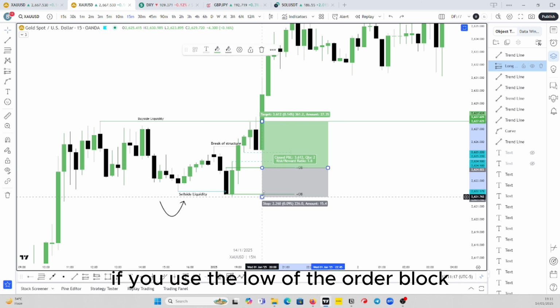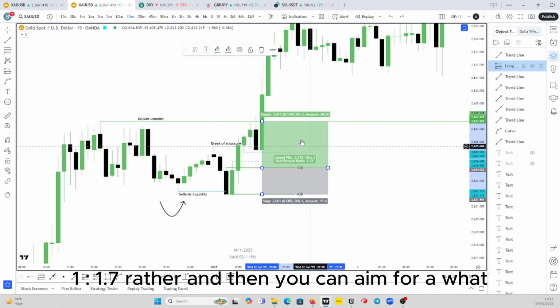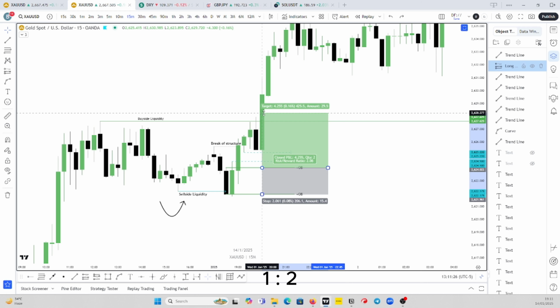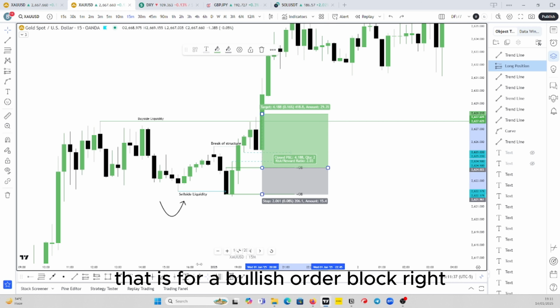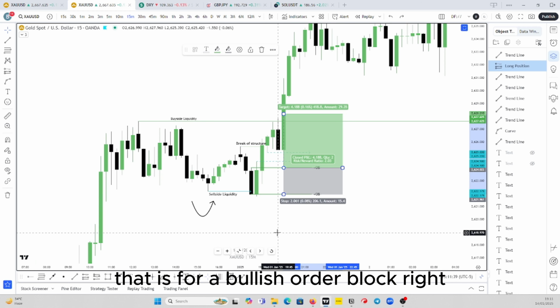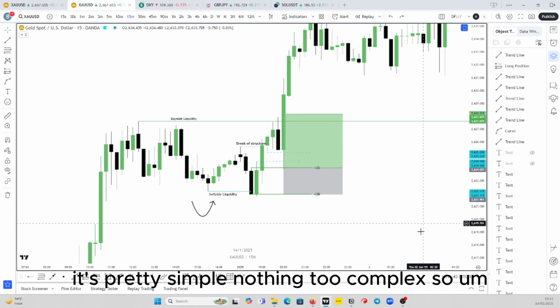If you use the low of the order block, you have a 1 to 1.7, and then you can aim for a 1 to 2 industry standard. Aim for a 1 to 2, and that would be a good trade right there. That is for a bullish order block, right? It's pretty simple, nothing too complex.